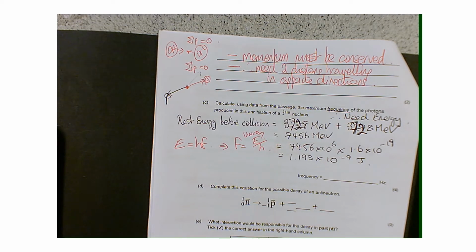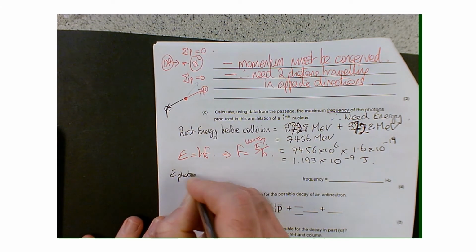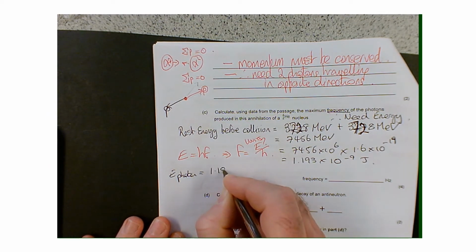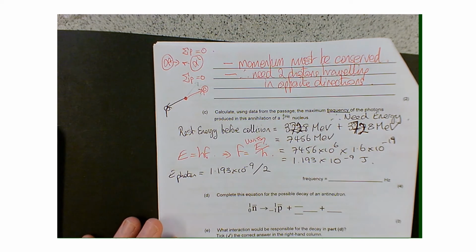Okay, now, here is the really tricky bit about these annihilation questions. The next thing you need to do is, the energy of a photon is equal to 1.193 by 10 to the minus 9 divided by 2, because each photon carries half the energy.